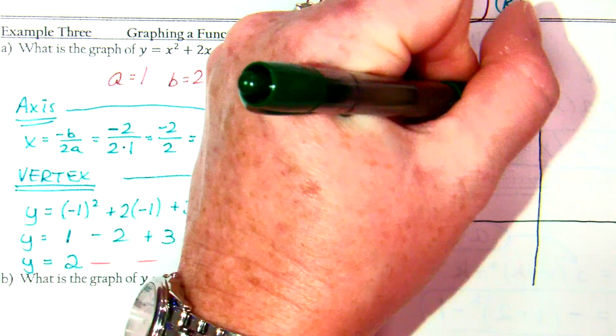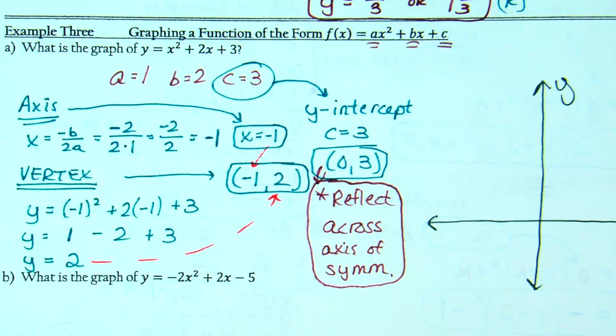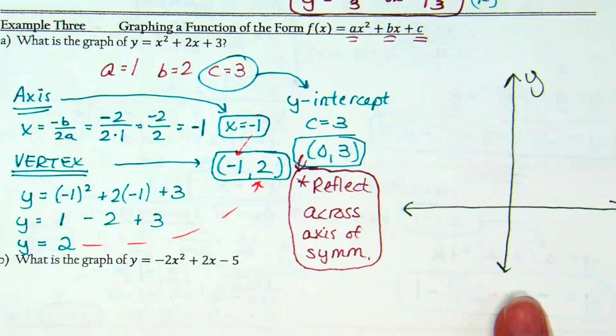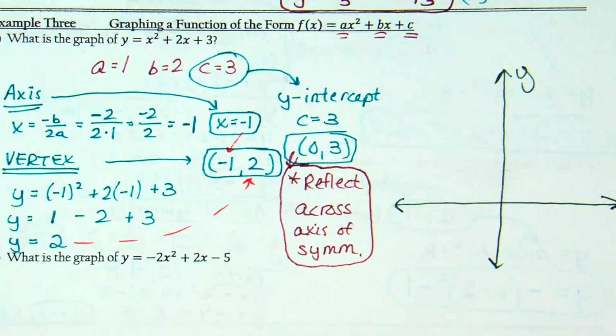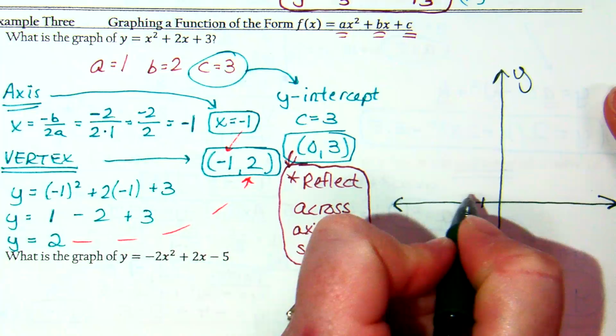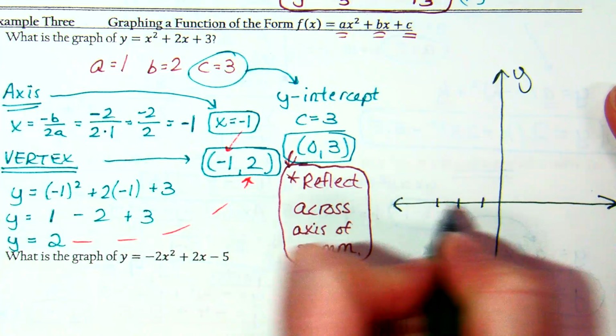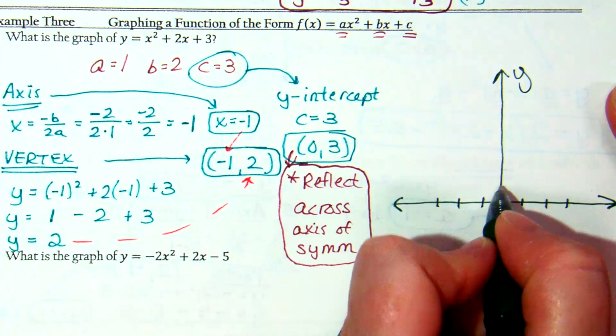I'm going to label. I know I have to be able to go at least left 1, and at least up 3, a little bit more than that. So I think if I label 3 in all directions, honestly, you don't even really need to label down on this one.